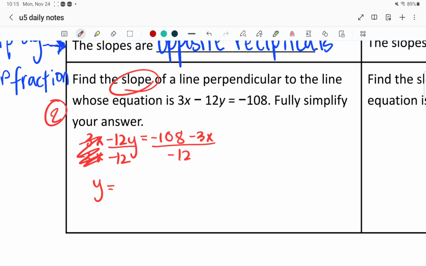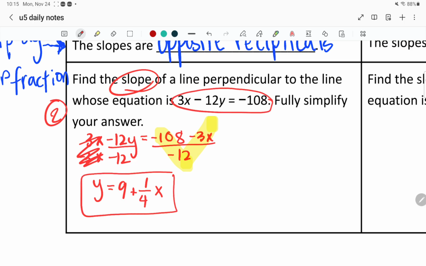So I get y equals, and then I simplify. So we're going to do this one and then this one. Negative 108 divided by negative 12 is positive 9, plus negative 3 over negative 12 is 1/4 x. That is this line converted into y equals mx plus b.